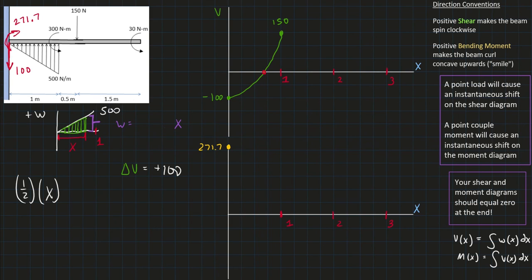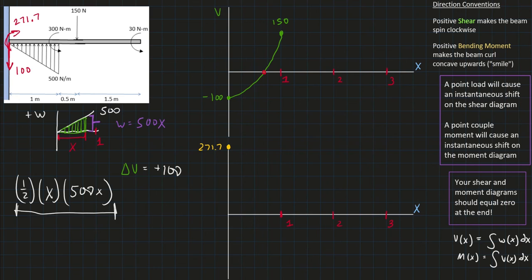So w is equal to 500x. That is the equation that allows us to plug in an x and produce the w at that x. So this is how we get the height.